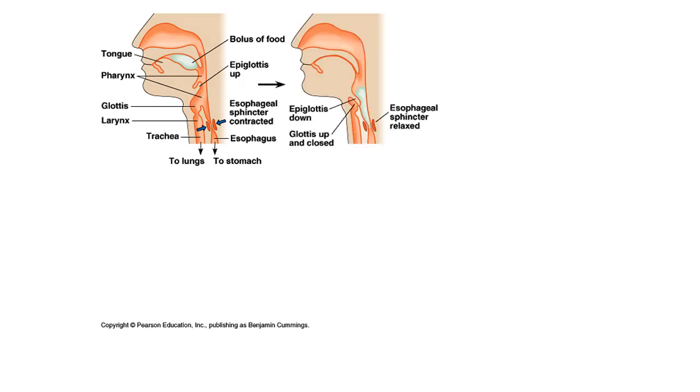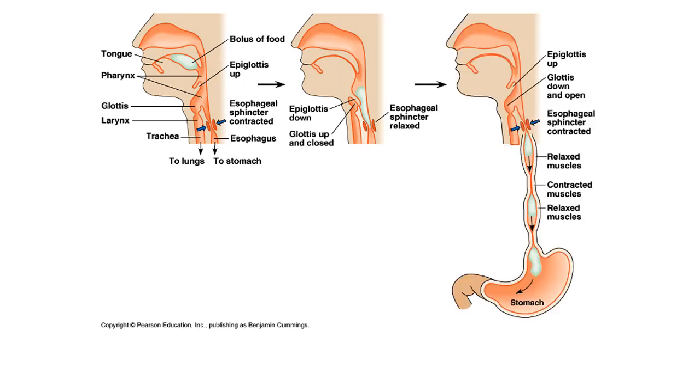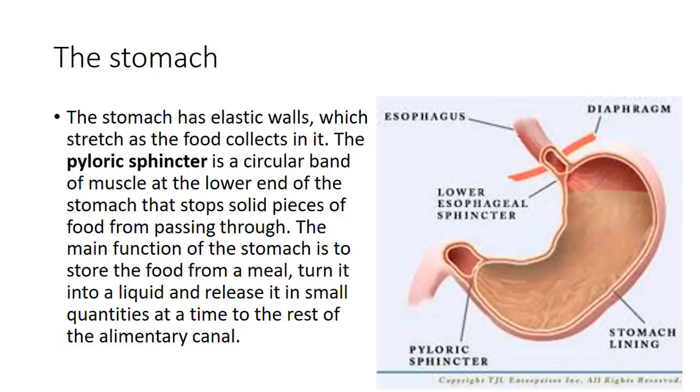You can see in the next picture the epiglottis down, closing the windpipe, the trachea, preventing the bolus of food from reaching the lungs. After passing, the epiglottis opens again, and the food automatically moves down by the peristaltic movement to the stomach. You can see this in the picture.